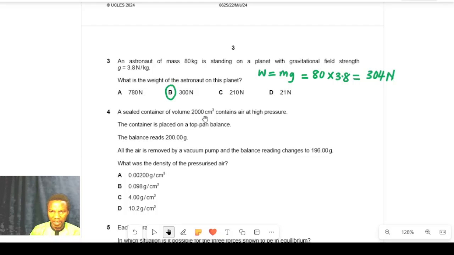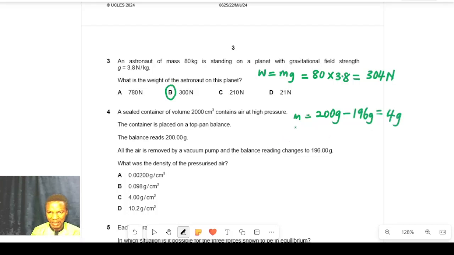A sealed container of volume 2000 cm³ contains air at high pressure. The container is placed on a top pan balance and the balance reads 200 grams. So the mass is 200 grams. All the air is removed by a vacuum pump and the balance reads 196 grams. So the mass of air is 200 minus 196, which gives us 4 grams.